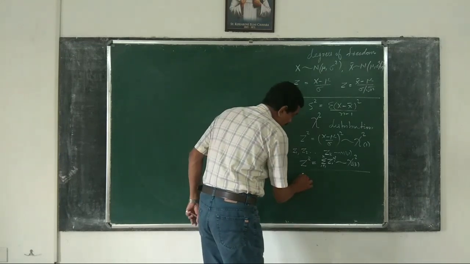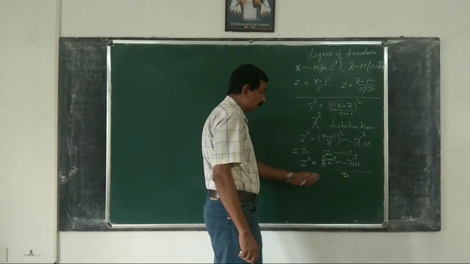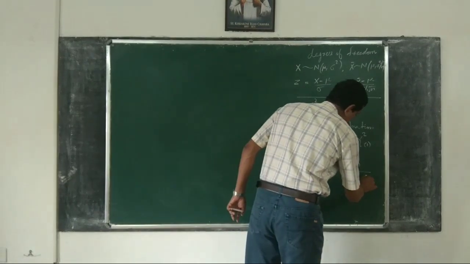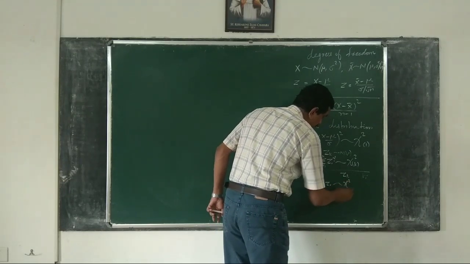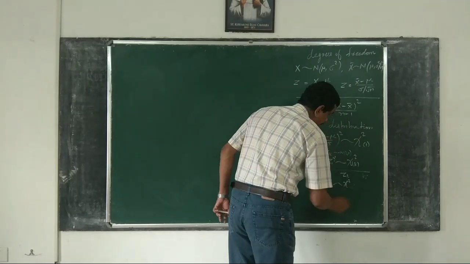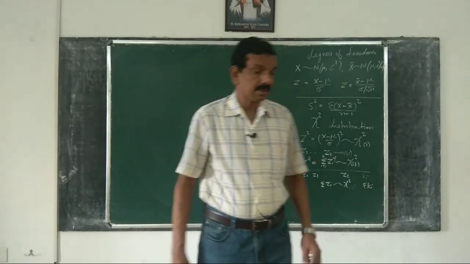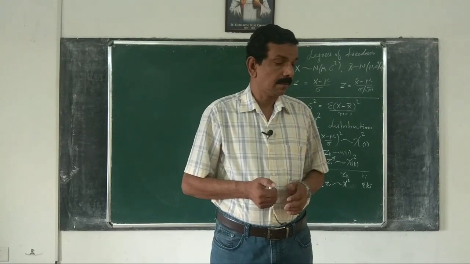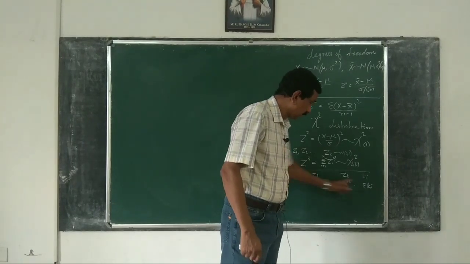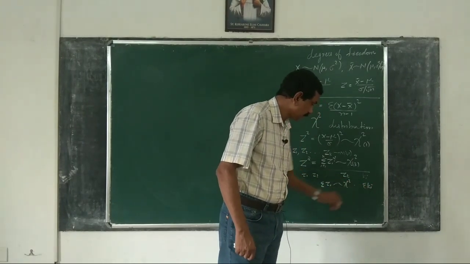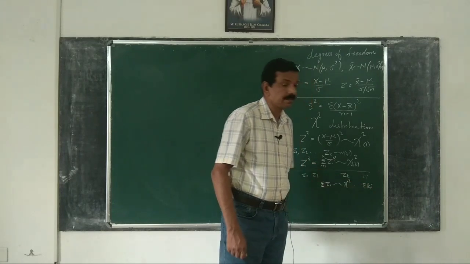That is, if Z1, Z2, etc. Zk are each following a chi-square distribution with ki degrees of freedom, then sigma Zi follows chi-square with sigma ki degrees of freedom.